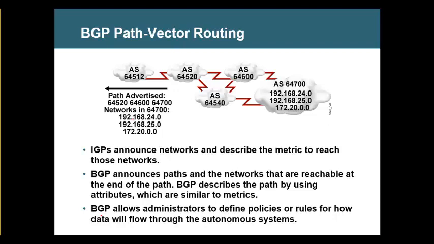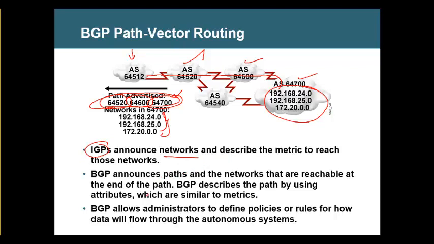When BGP advertises networks, these networks are advertised from here, and I know it is advertised via this one. How do I know? Because when the advertisement comes, I also get the path information. It says this autonomous system 64512 has received it from 64520, which is this one, and that has received it from 64600, which is this one, and the originating autonomous system is this. Whereas IGP will simply advertise the network and the metric.